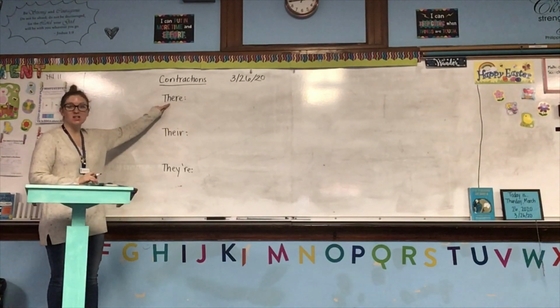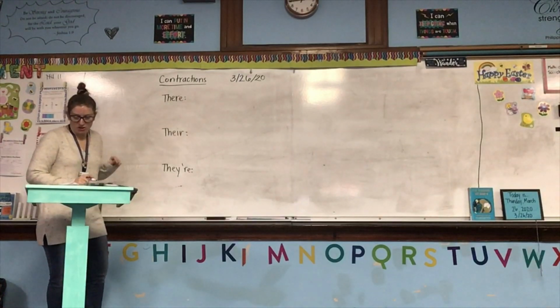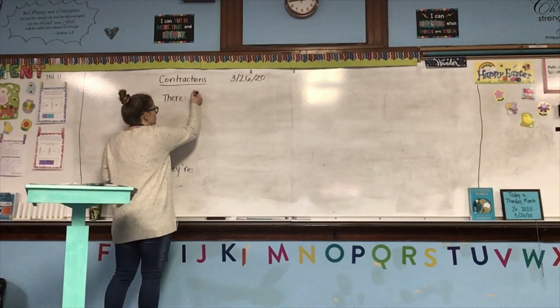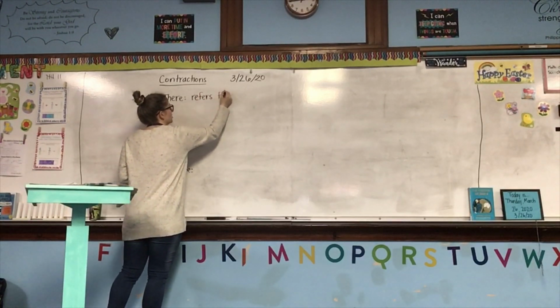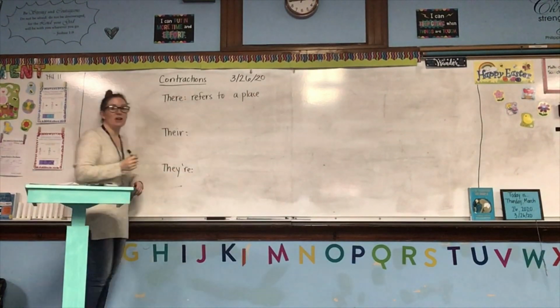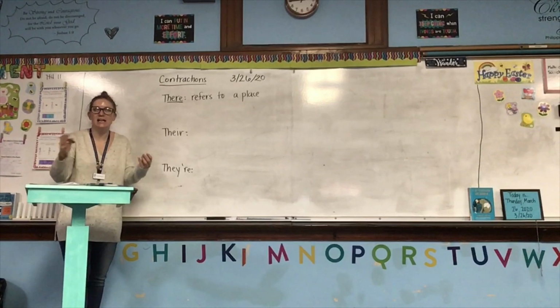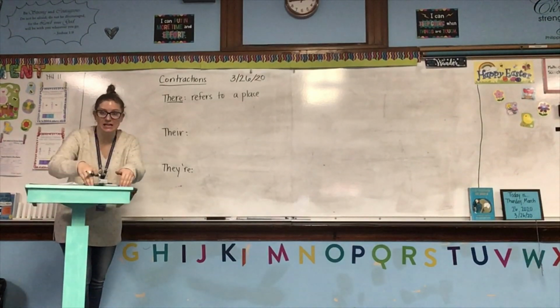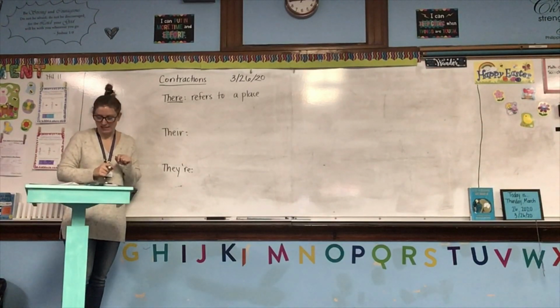Now, if you're using the word there, spelled T-H-E-R-E, you are using it to refer to a place. It will help you because the word here is inside the word there, and here is a place. Right here is a place. There also refers to a place.